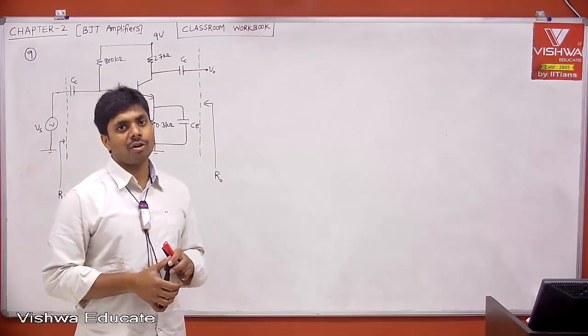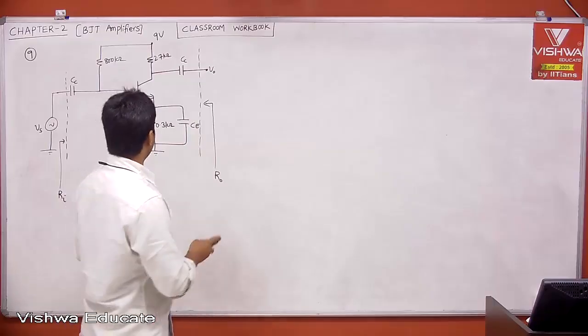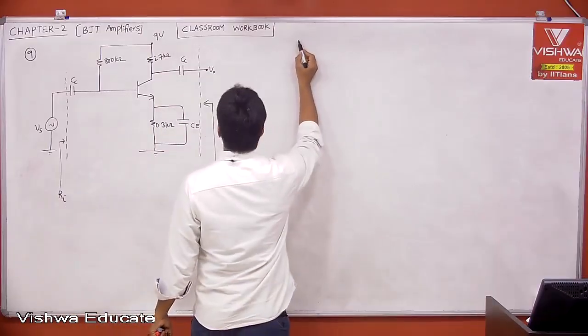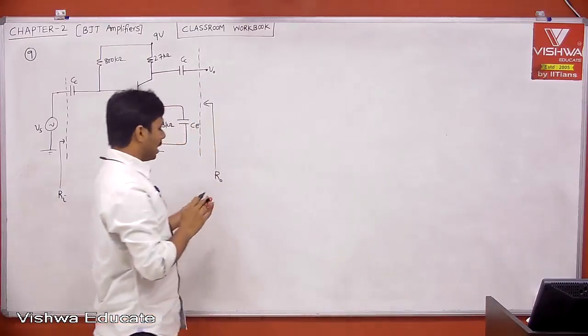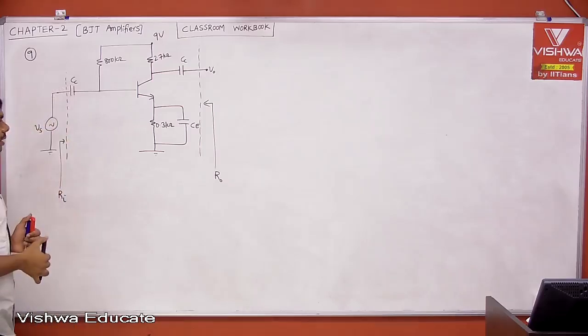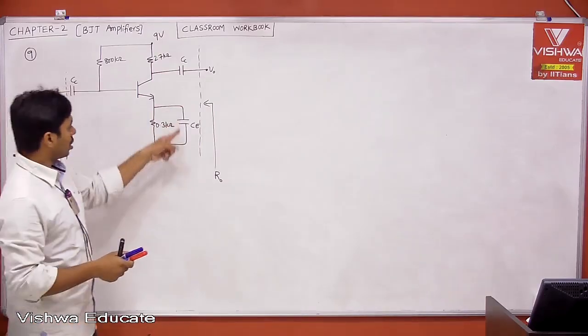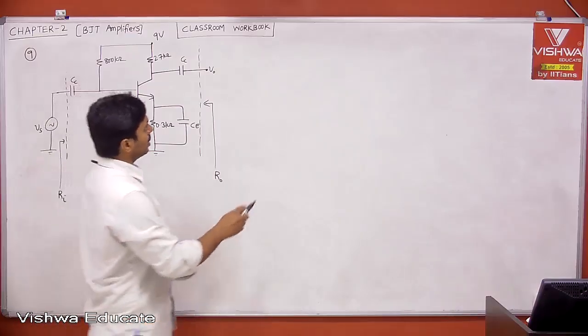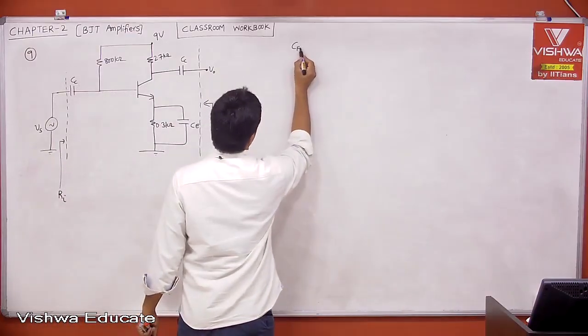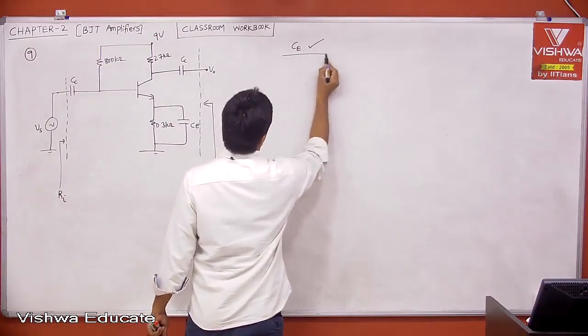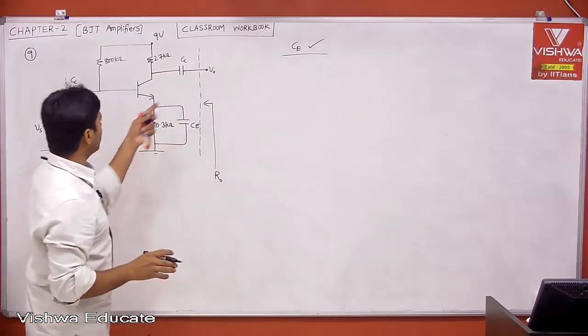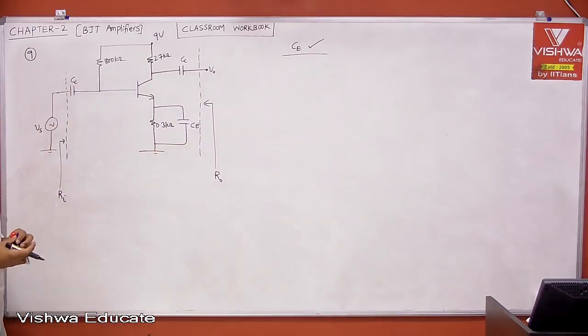AC parameters. Therefore, we need the AC circuit. What is the AC circuit? I will not draw it now. Let's try to understand intuitively. The AC circuit is nothing but what? Short circuit. CE is there, let us say the capacitor CE is present, not disconnected. Then it is a short circuit. Basically, this is nothing but what?